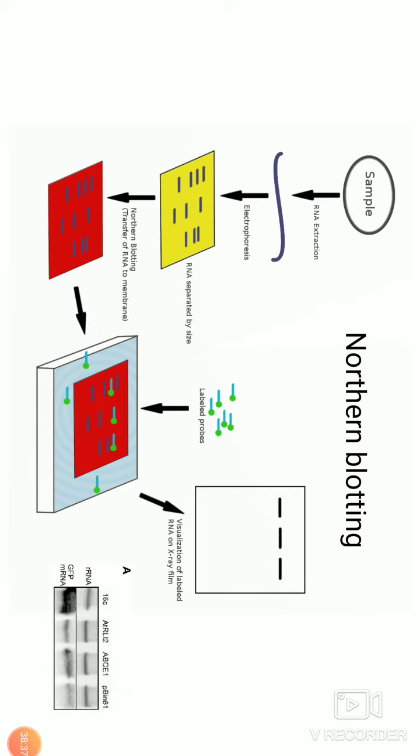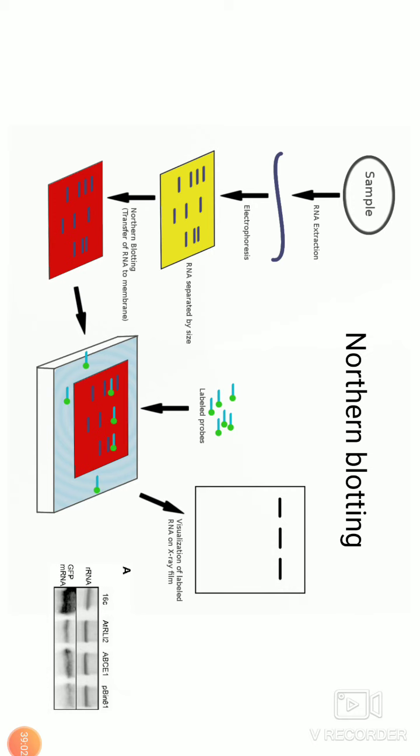Because of capillary action, the fragments of RNA from the agarose gel will be transferred onto the membrane, and then you can fix that using UV and develop the blot. Here the membrane can be a nitrocellulose membrane or nylon membrane. So the sandwich helps in transfer.